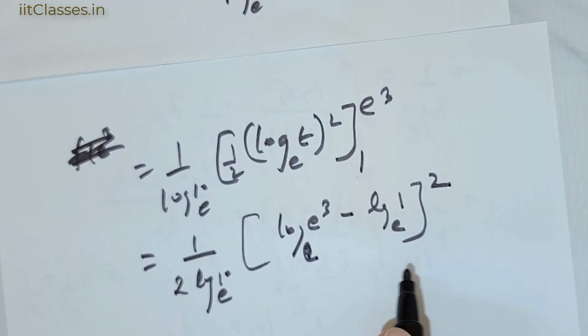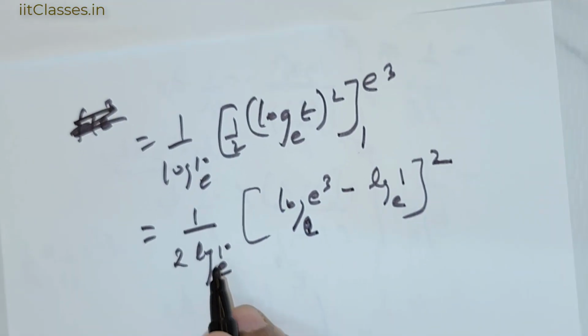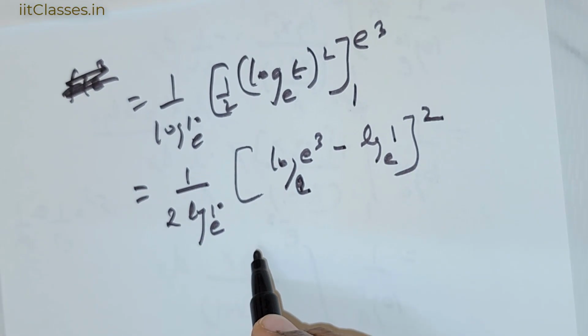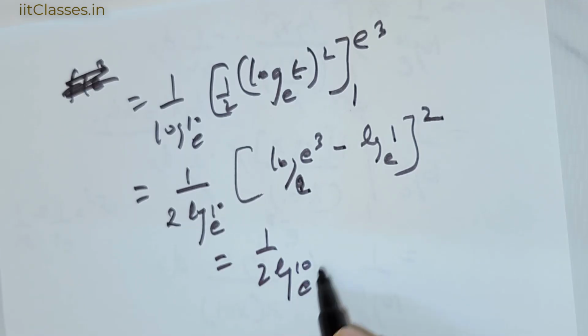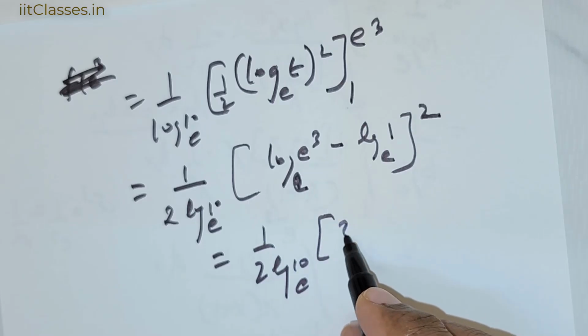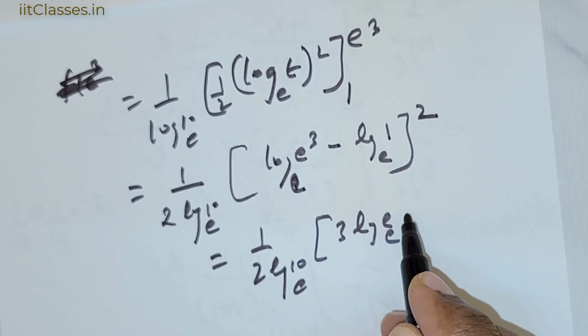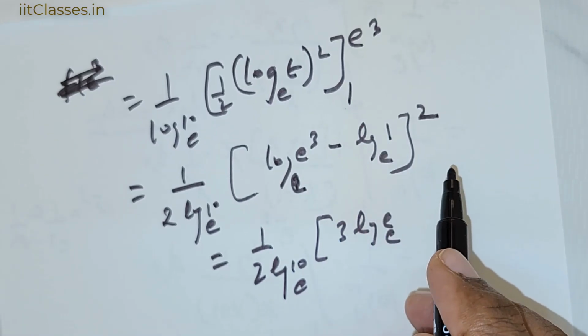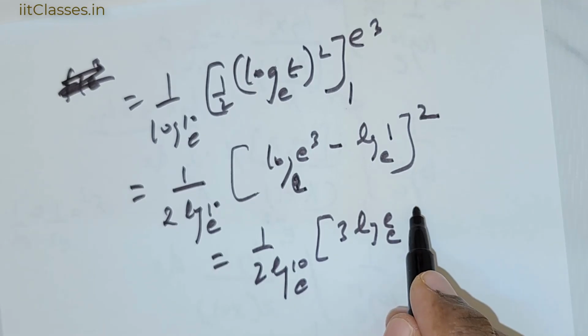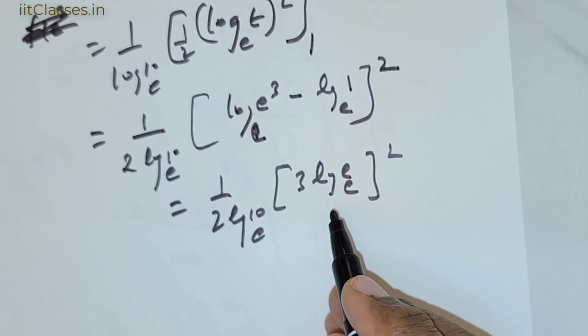So this is going to give me 1 over 2 times log 10 to the base e, 3 times log e to the base e minus log 1. Log 1 is going to be 0, and then this is raised to the power of 2.